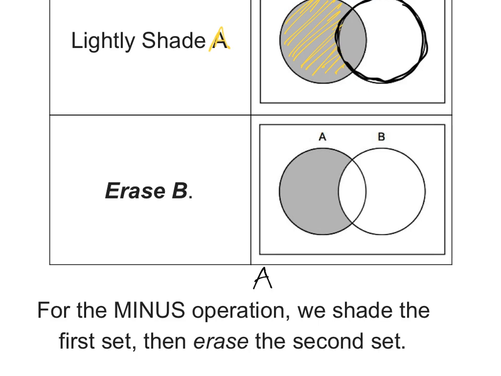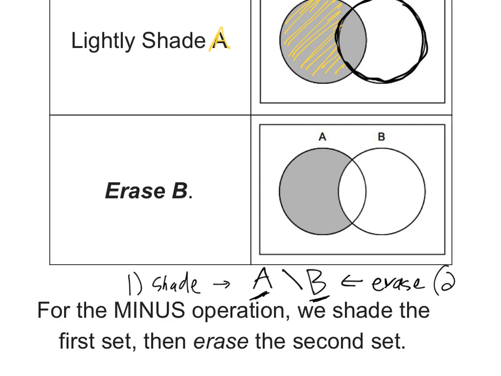So we would shade in everything that was in set A, and then we erase everything in set B. So first, we shade what's on the left, and then we erase what's on the right. It may turn out that not everything in this right-hand set was shaded, so not everything is necessarily going to get erased, but anything that we had shaded first is going to be erased. So that is A difference B.